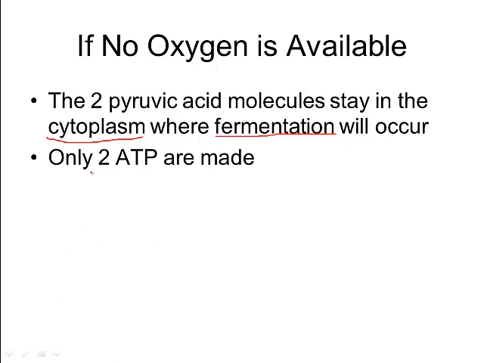Now in fermentation, we're only going to net the 2 ATP that we make from splitting glucose. So we only get 2 ATP out of this rather than 36 when there is oxygen. This is why living things like humans require oxygen to stay alive, because without it we can't get enough energy to keep our cells going.